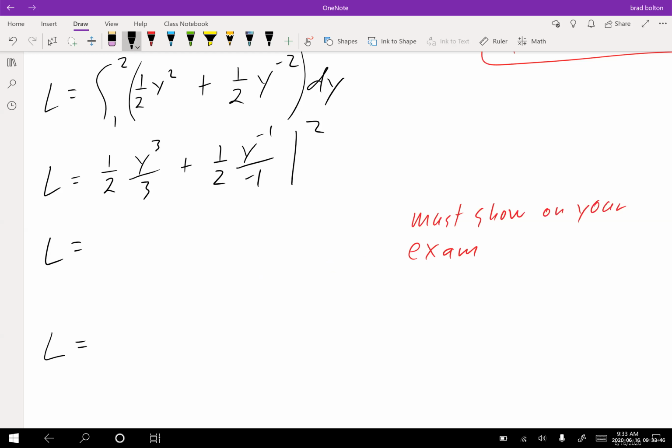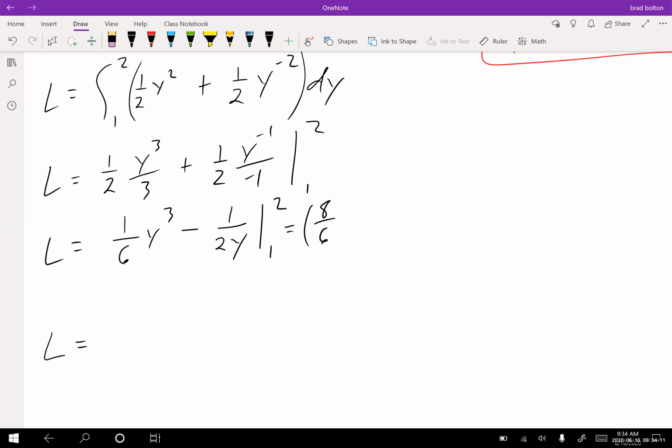All right, so that would be 1 over 6 y cubed minus 1 over 2y from 1 to 2. Okay, so this would be 2 times 2 times 2, so this would be 8 over 6 minus, oh, let's see here.